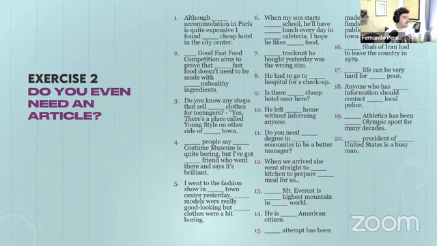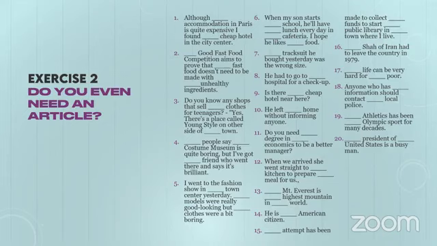Vero, have you been able to enter the document? The link is in the chat.